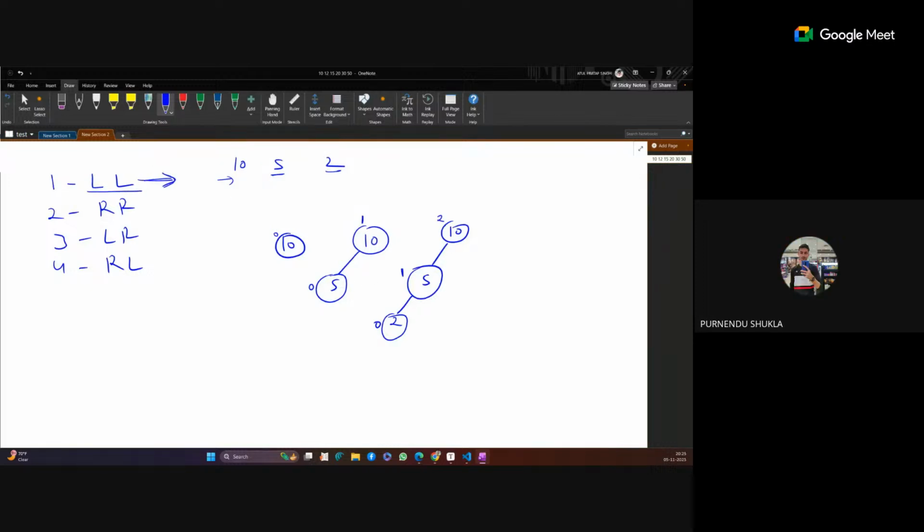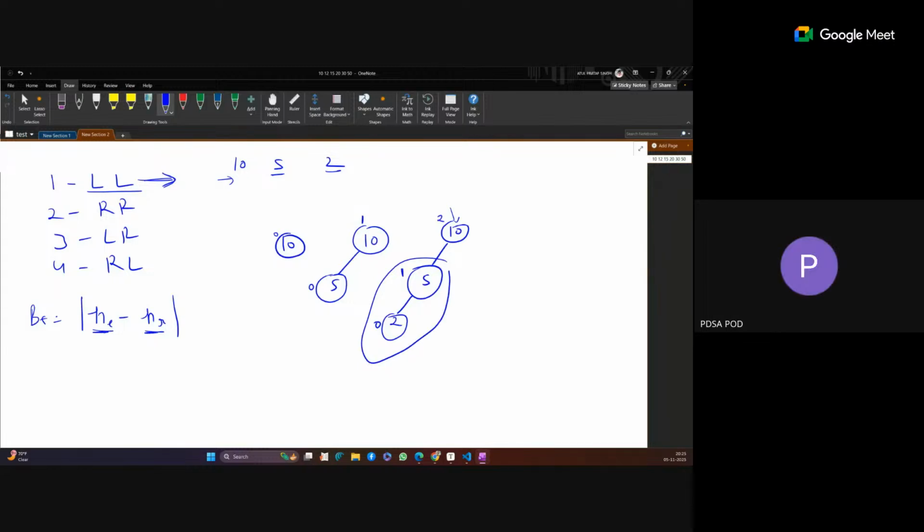How did we get 2? Are you subtracting from the length, or what are you doing? No, that is the formula. The balance factor is HL minus HR: left subtree height minus right subtree height. So where is the right subtree height? We don't have one, right? We are calculating for 10.